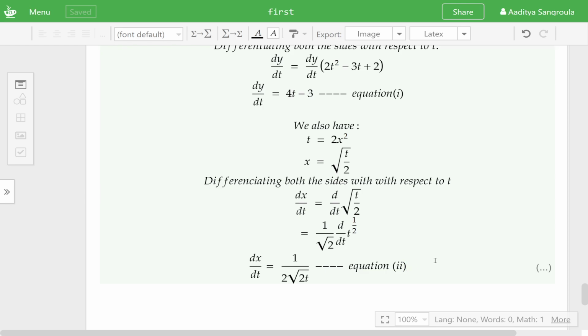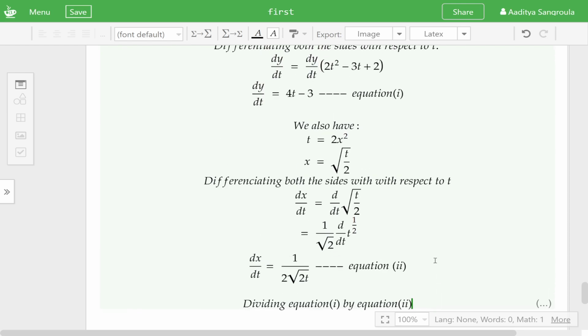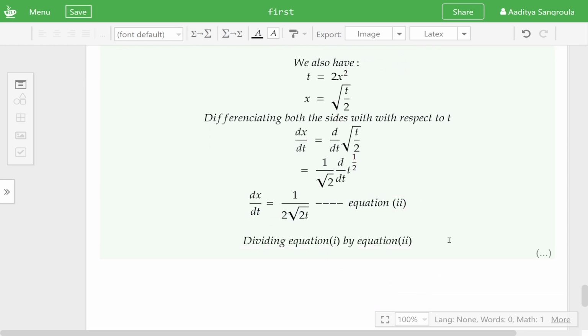And now I do something like dividing equation I by equation II. What do we get when we divide this equation by this equation? Let's see what we get, right?